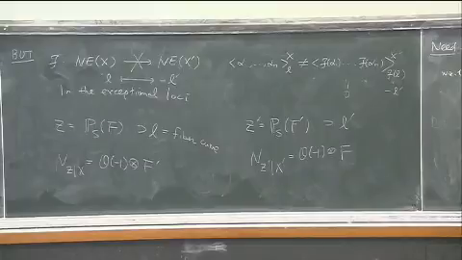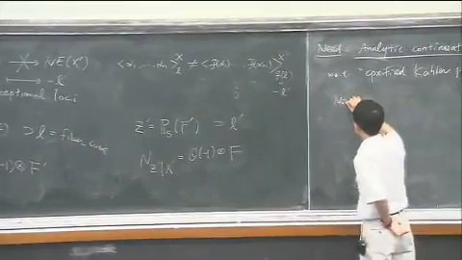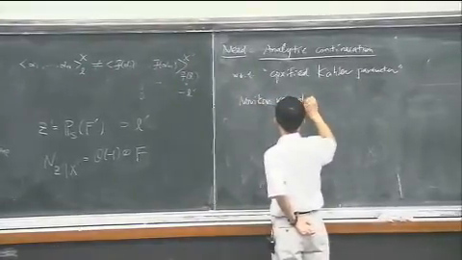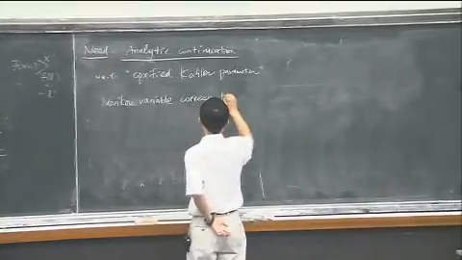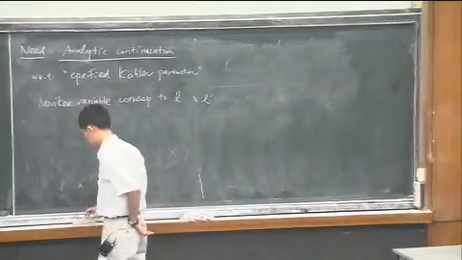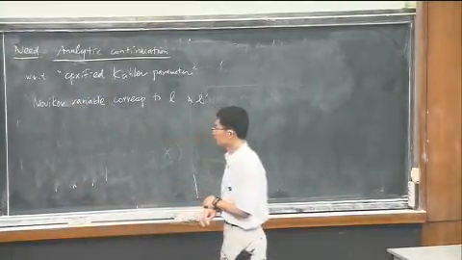And since in our case there's a specific curve class we're talking about, we're taking the Novikov variable corresponding to L and L prime. So we're doing analytic continuation with respect to these variables.